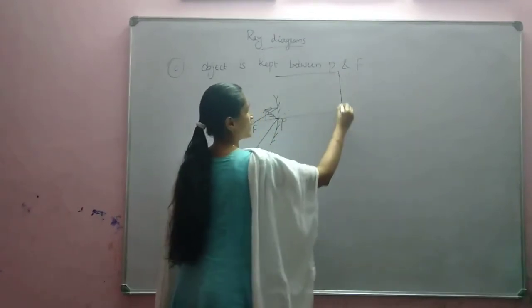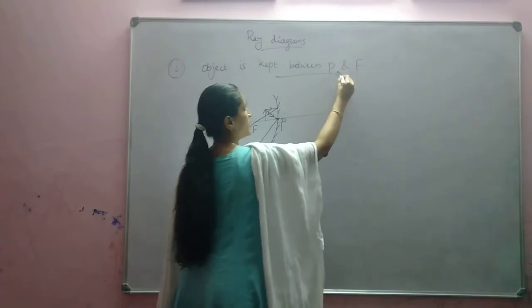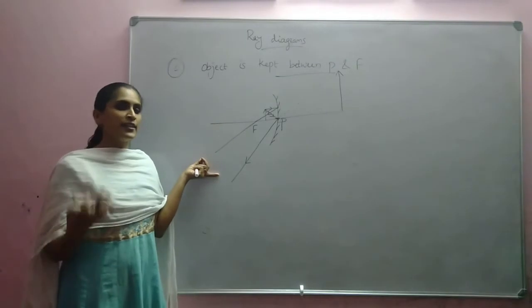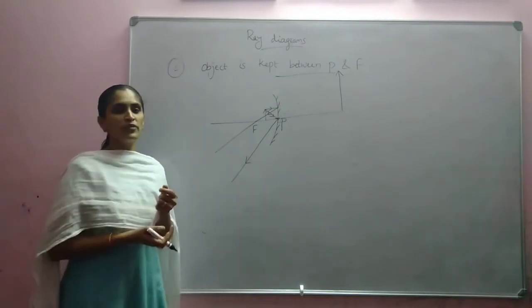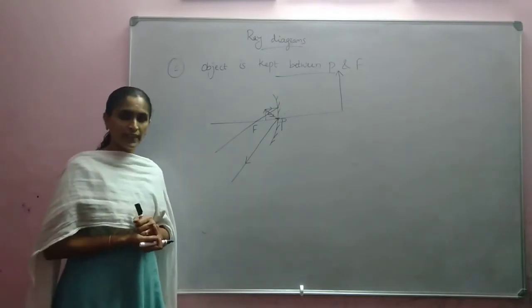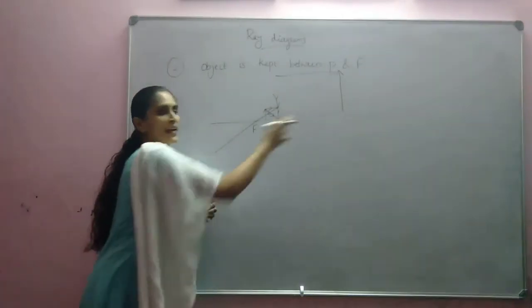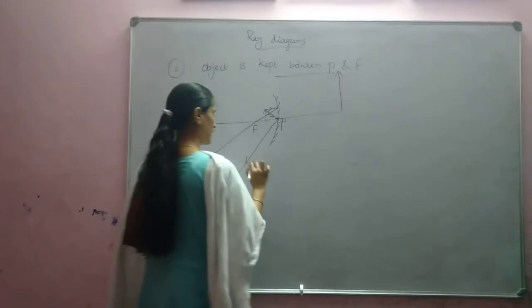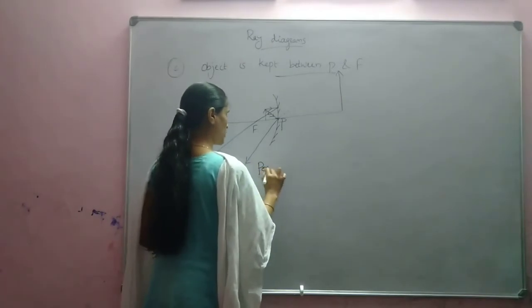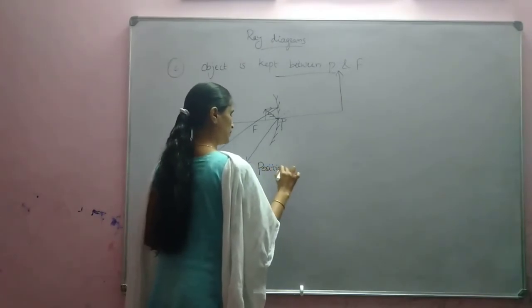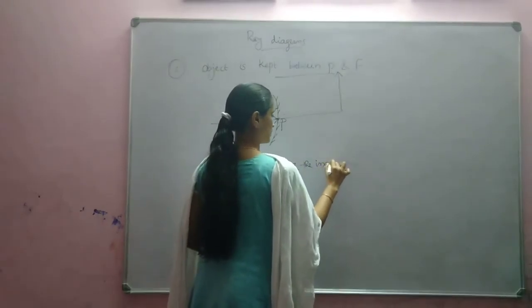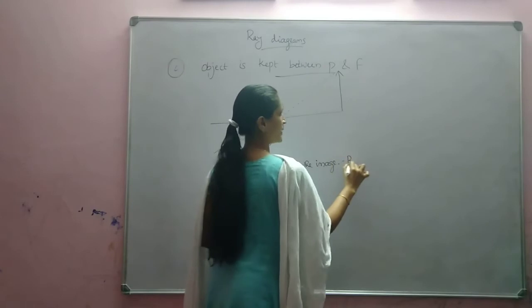So which type of image is formed here? The reflected rays are not actually meeting. So we can say that the image formed will be virtual and erect, position behind the mirror, not beyond the mirror, behind the mirror. So we can write position of the image: behind the mirror.